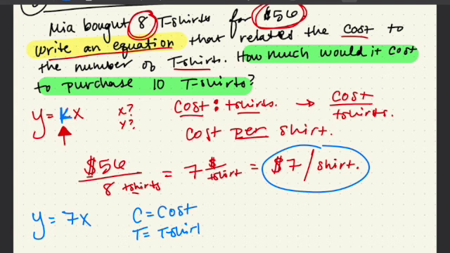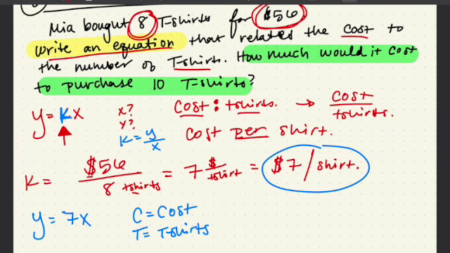So when we do that, we have to know which one is going to be x and which one is going to be y. Well, if I look back over here, I did the dollars divided by shirts, and I always do y divided by x. K is always y divided by x.